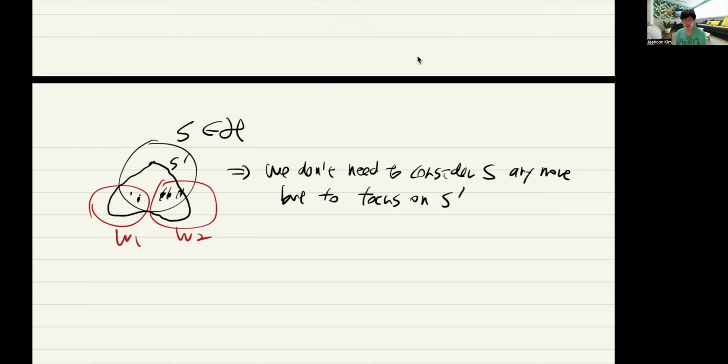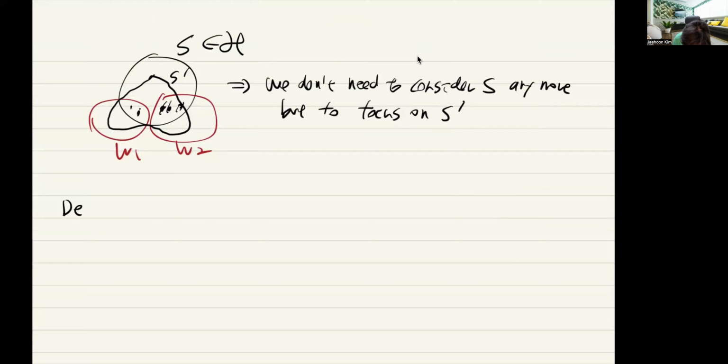If we actually cover the entire S later by say W3, W4 at some point, we automatically cover S prime, so we don't really need to consider S anymore. So S prime is more things to focus on. This motivates the following definition.